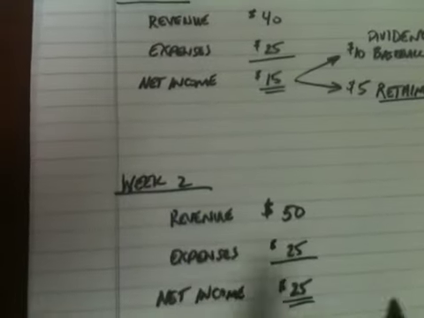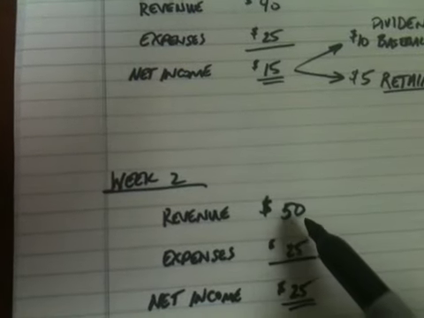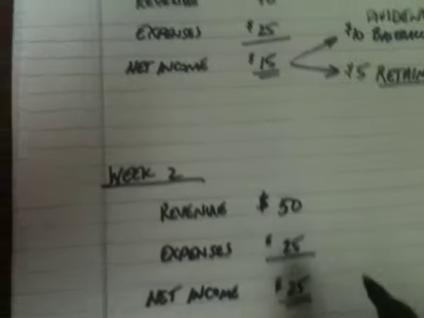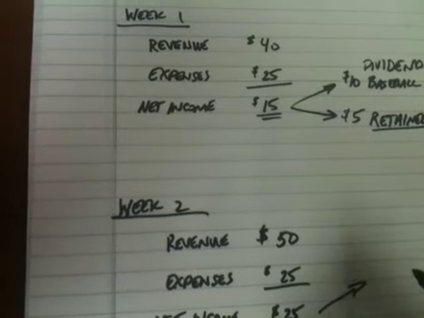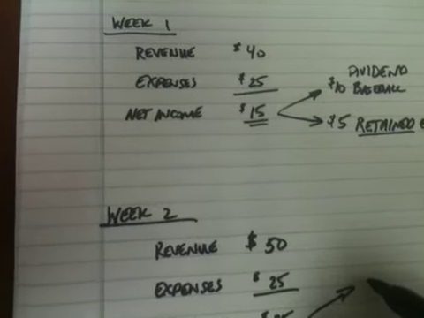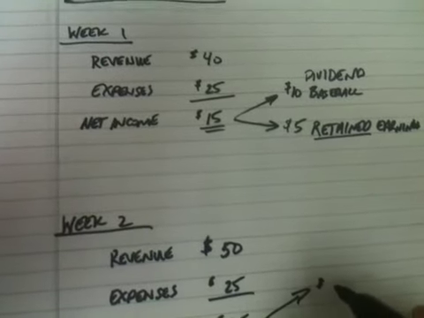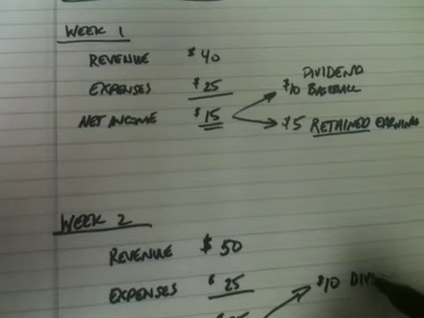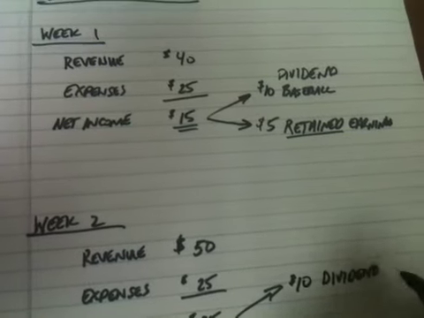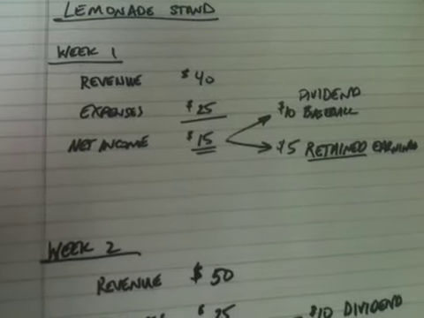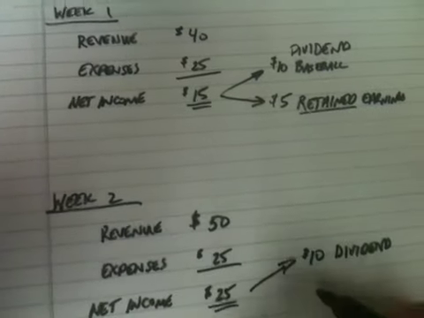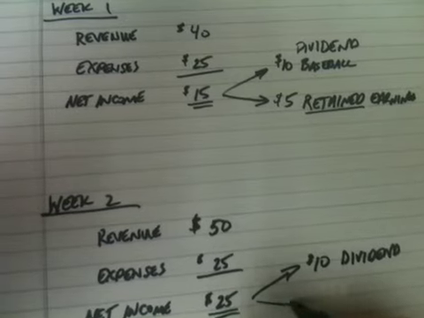So week 2, he figures it up again. He's got $50 in revenue, $25 in expenses, so a net income of $25. He's going to give himself, let's say, $10 in a dividend. A dividend is basically just taking the earnings and distributing it to the ownership of the company. So he has $10 in a dividend.